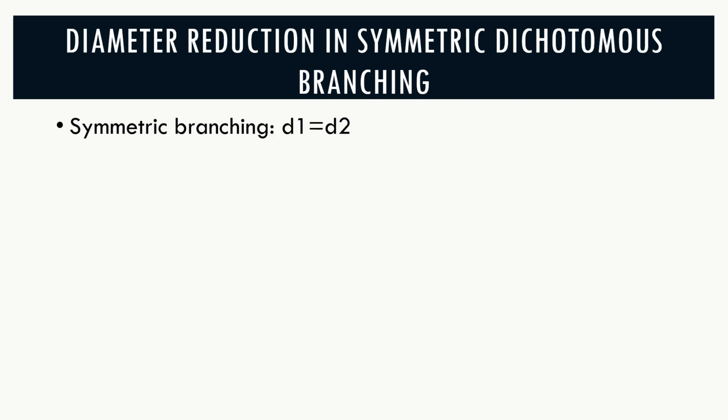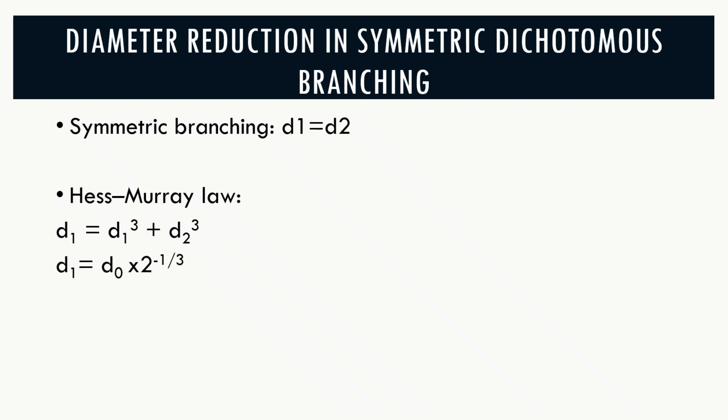Under this assumption, Hess-Murray law states that cube of parent airway diameter equals sum of cubes of daughter airway diameters. This simplifies to a constant diameter reduction where each daughter airway has a diameter equal to parent diameter multiplied by 2 raised to the power of minus 1/3.